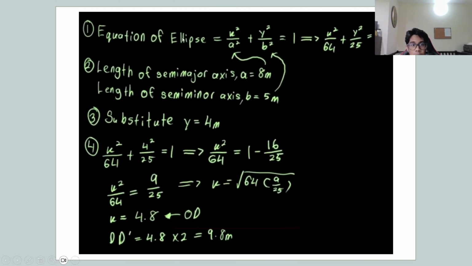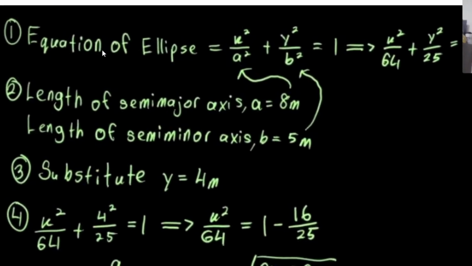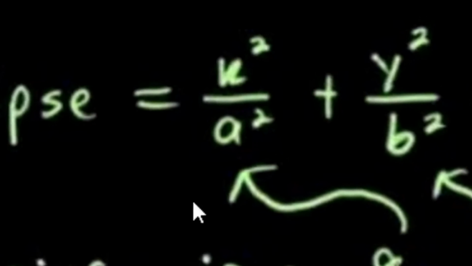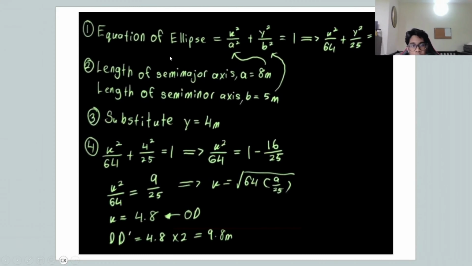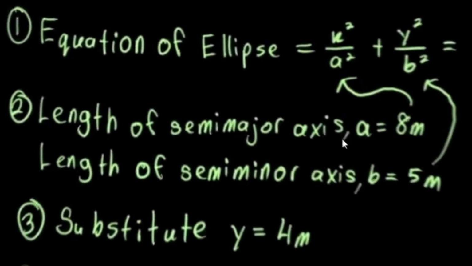Okay, so moving on. So we've gotten the equation of the ellipse, which is x squared over a squared plus y squared over b squared equals 1. So the main question here is what is a and what is b. So a is actually the length of the semi-major axis.